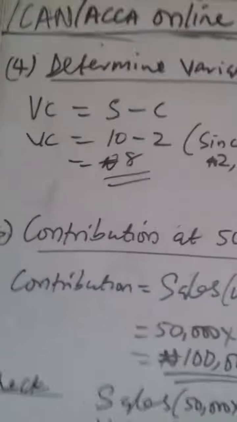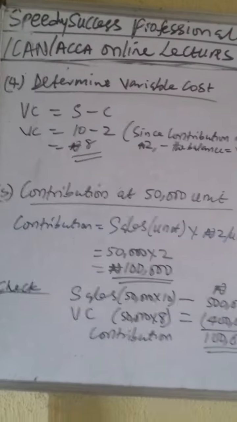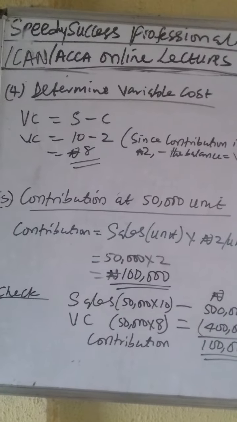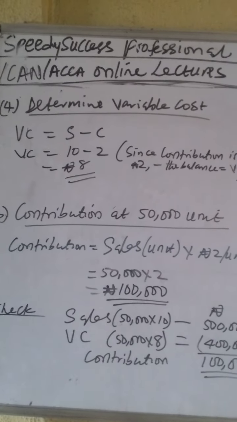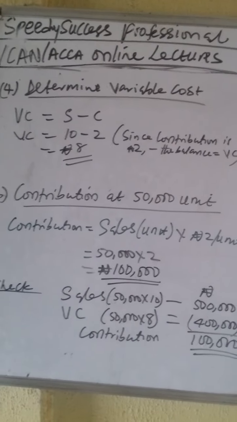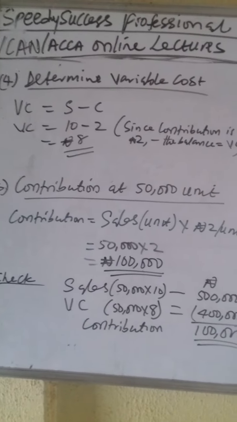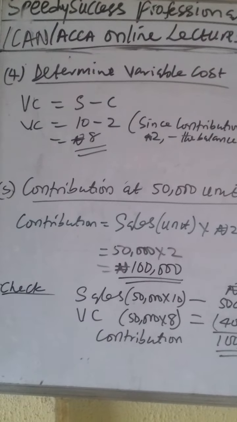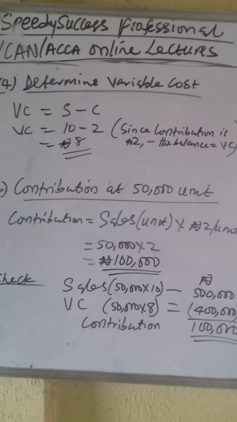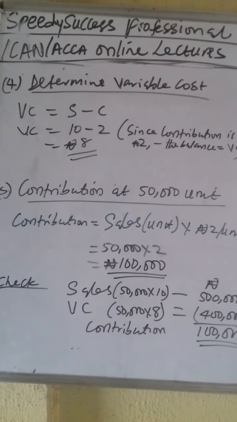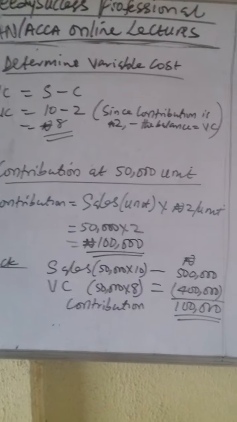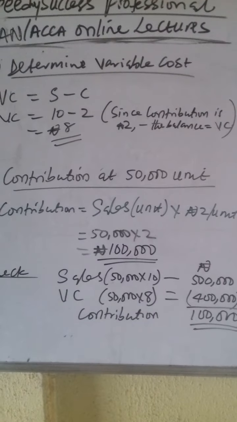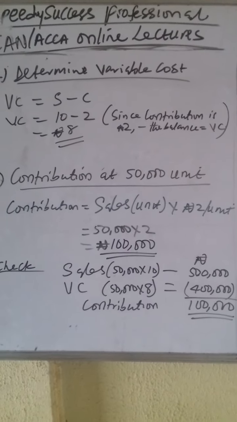Solution 4 says determine variable cost per unit. And this formula is very constant. Sales minus contribution is equal to variable cost per unit. If we have established that sales per unit is 10 naira, therefore variable cost per unit will be what? 8 naira. It can be in any currency. Contribution at 50,000 units is where we determine whether our assumptions are correct or not.